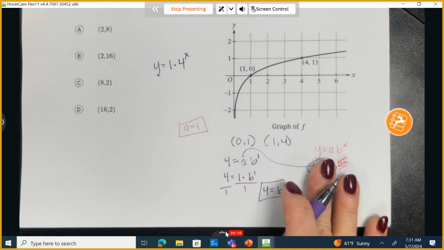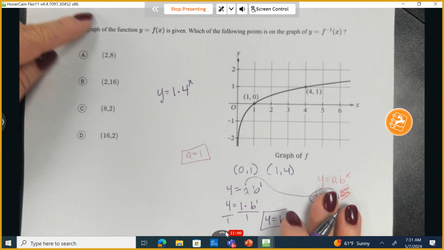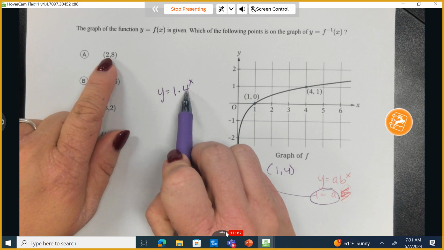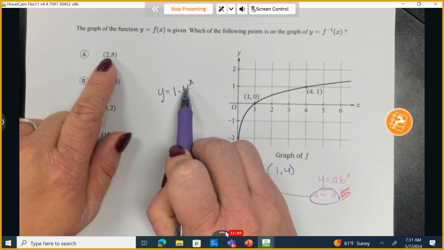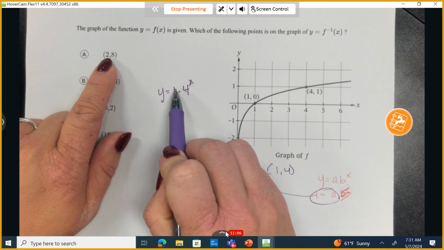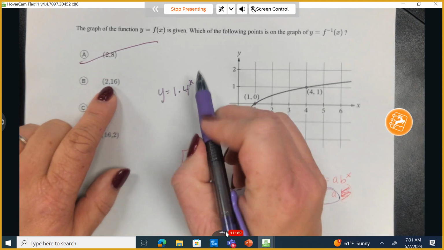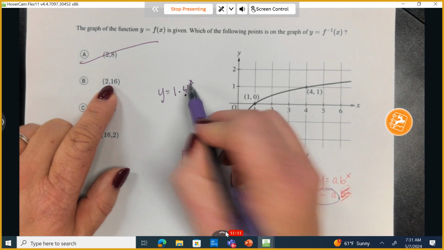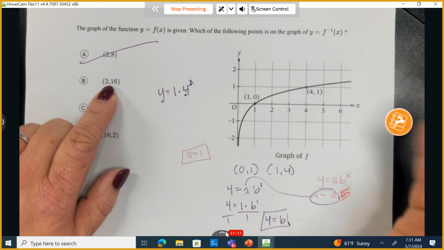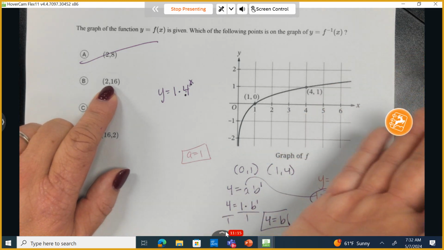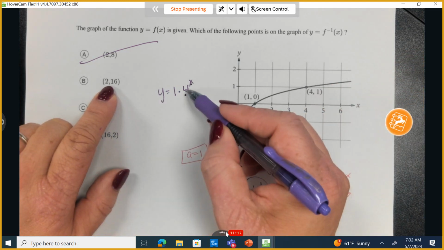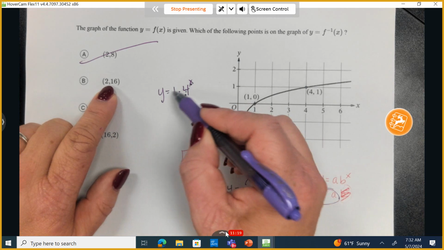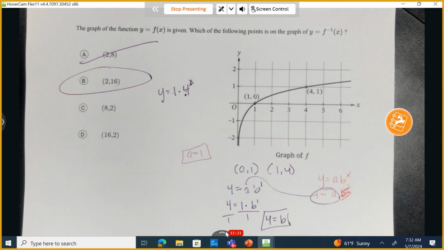This is my inverse equation. So now I just need to find out which one of these lies on it. So if I plug in an input of 2, 4 squared is 16. 16 times 1 is 16, not 8. This is an example of logarithmic, and the inverse of logarithmic is exponential. That's what we're looking at here. 4 squared is 16. 16 times 1 is 16. Correct answer is B.